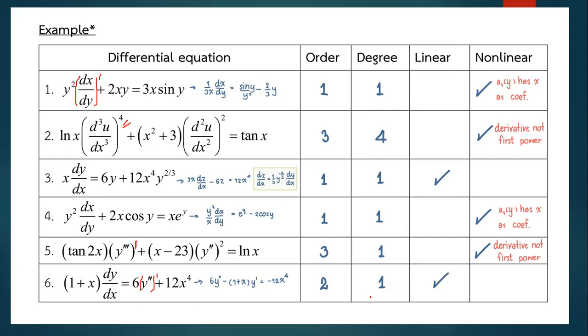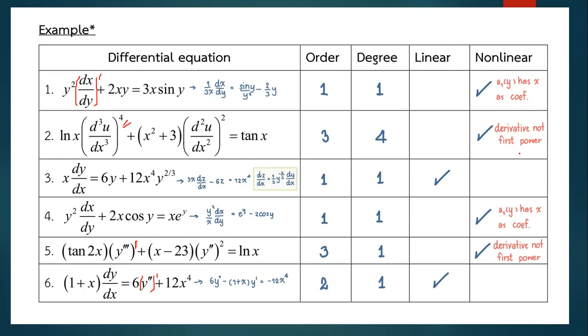At the same time, we can identify whether they are linear or non-linear. Some of them are non-linear, others are linear. For example, this is a linear equation, and the others are non-linear equations, because a1(y) has x as a coefficient, so it is non-linear.